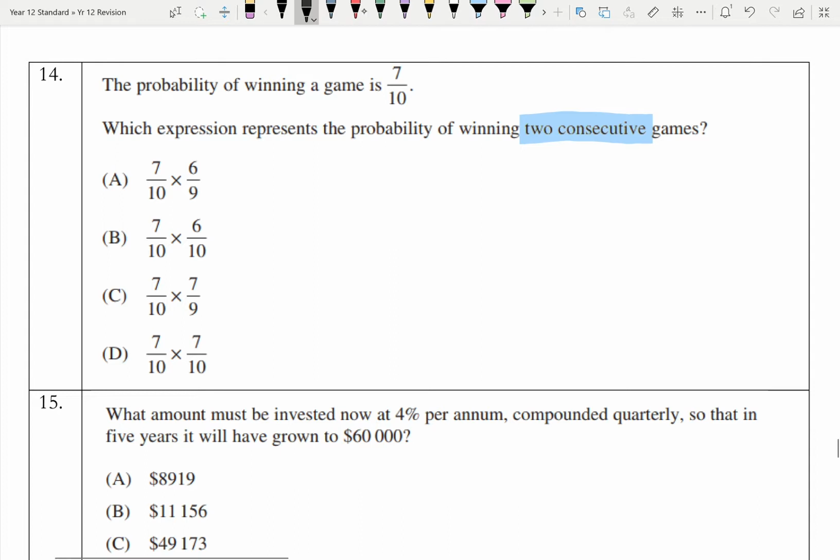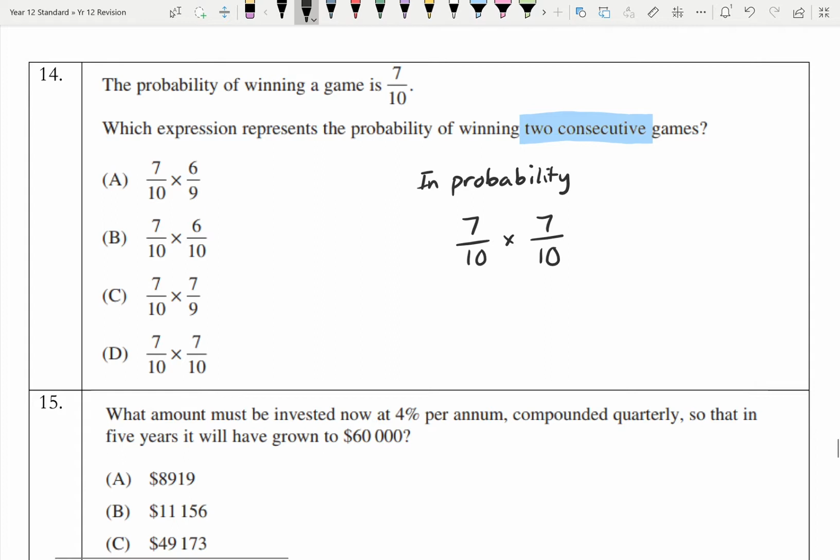So in probability, whenever you want consecutive events, so consecutive things to happen, and consecutive just means one after the other. So like if I was to throw a bullseye, and then you want to see what the probability is of me throwing a bullseye again, what we do is we grab that probability and we times it by the next probability.